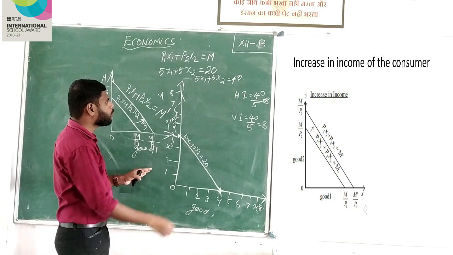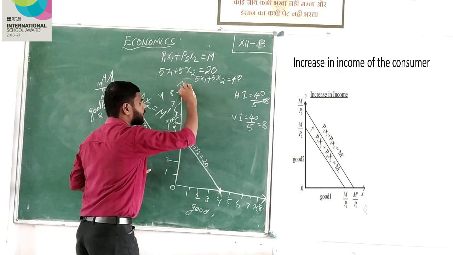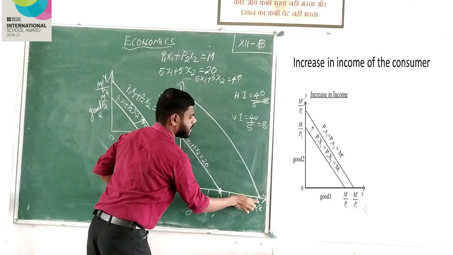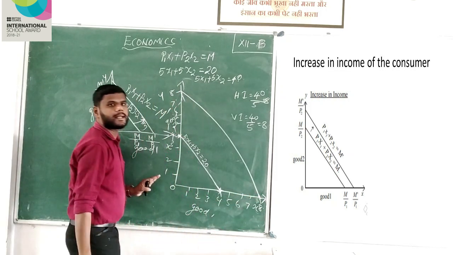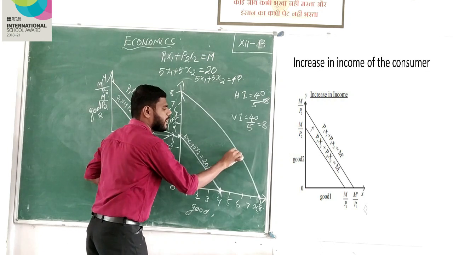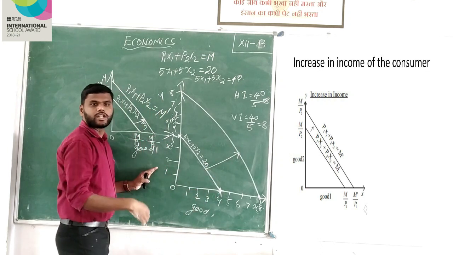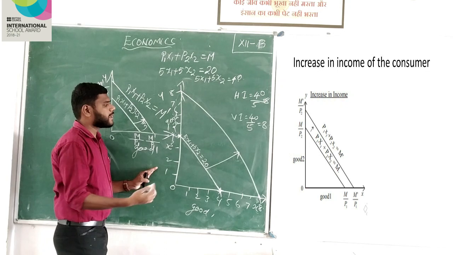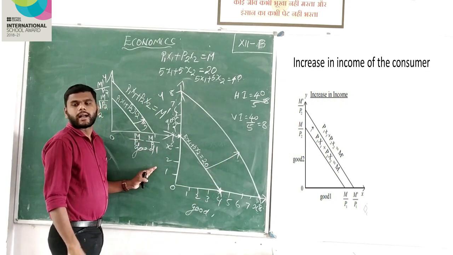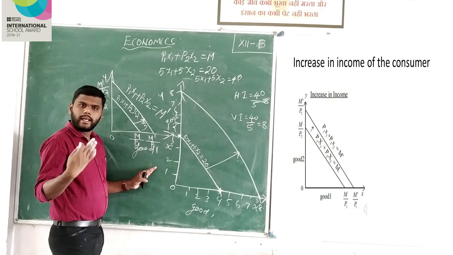Now this is the new budget line. That means the budget line shifted in a parallel shift towards the outside. This shows the income of the consumer increases.